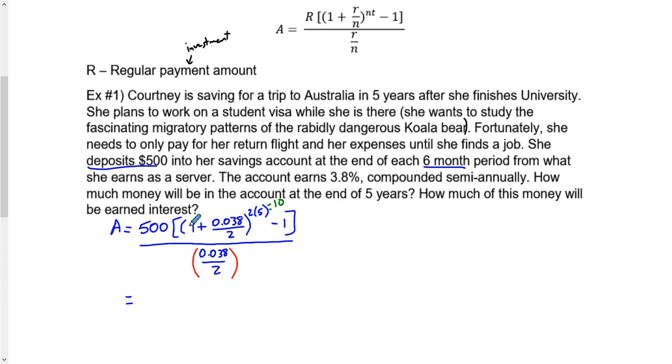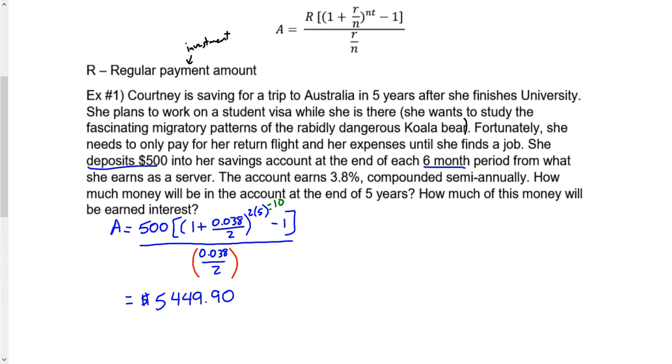Divide by 2, the power of my 10, subtract the 1, more bracket, divided by, in brackets, my 0.038 divided by 2. We get $5,449.90, correctly rounded. So that's how much she would have in her account.